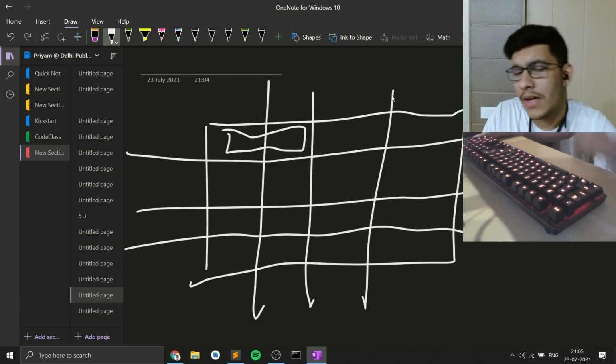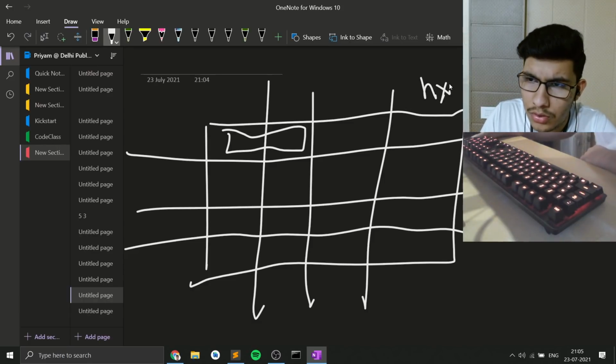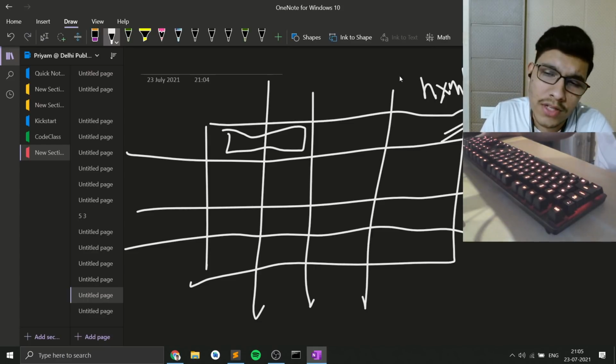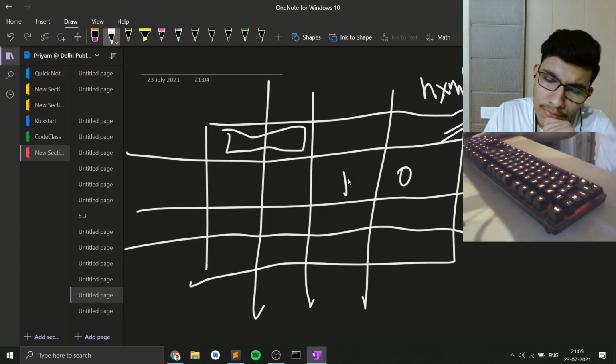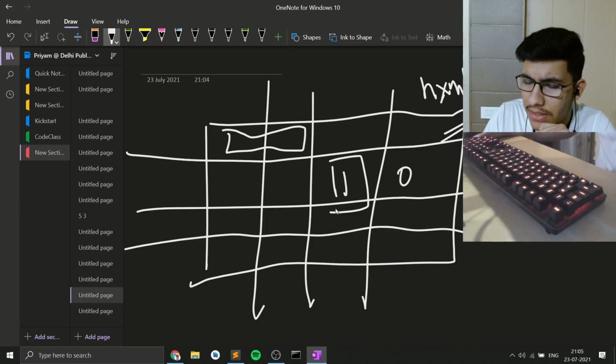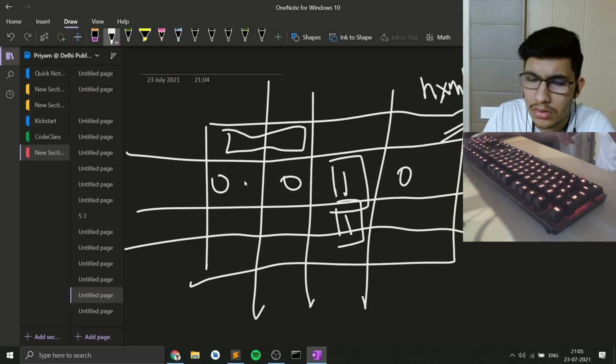Okay, so if I have to place n m by 2 dominoes here, then I have to select n m by 2 cells, and in each of them I have to fill either a 1 or a 0. Right, so if I fill a 1 in one of the cells, the lower cell also gets filled by 1. And if I fill a 0 in one of the cells, then the right cell also gets filled by a 0.